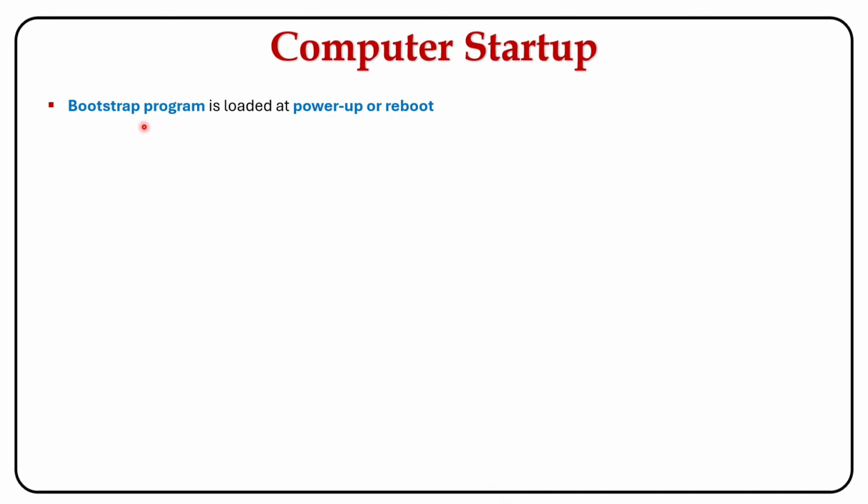It is stored in ROM, which stands for read-only memory, or EPROM, which stands for erasable programmable read-only memory. Since it is permanently stored on the motherboard, it is available every time the computer is powered on. This software is commonly called firmware.